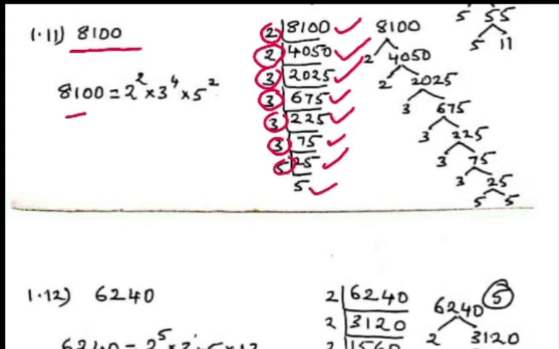So 8,100 can be expressed as 2 square multiplied by 3 power 4 multiplied by 5 square.